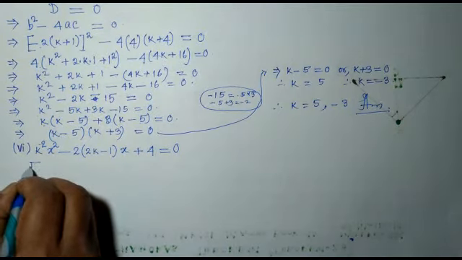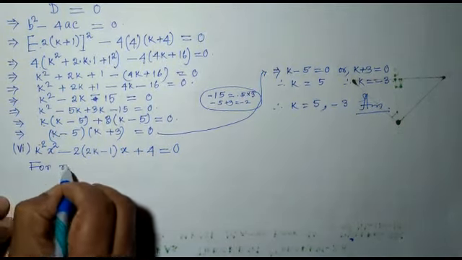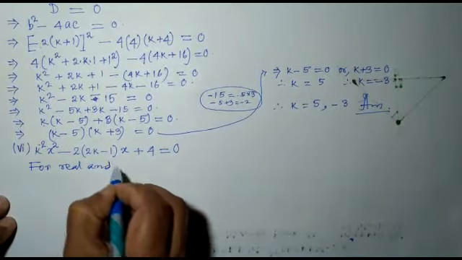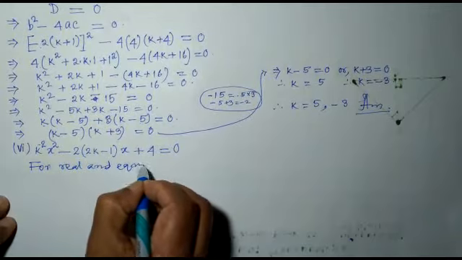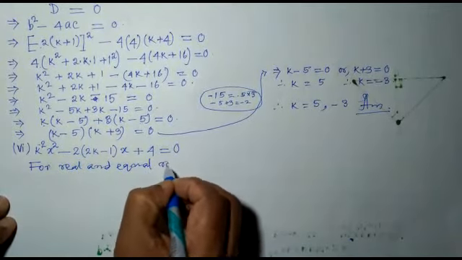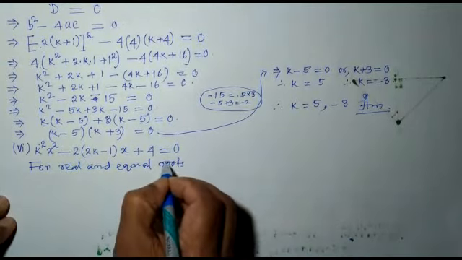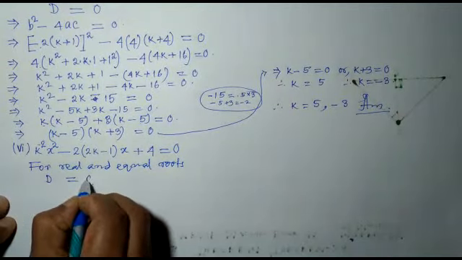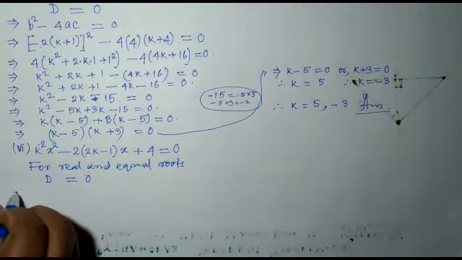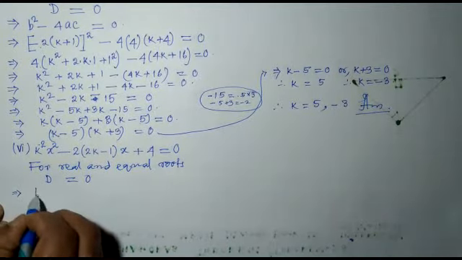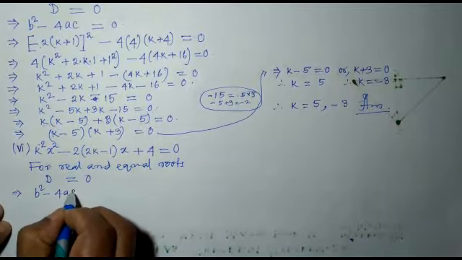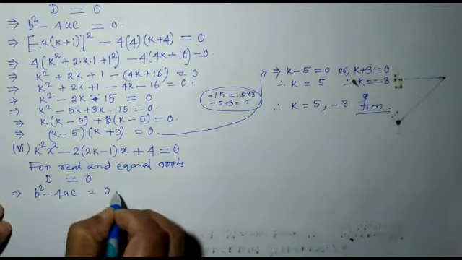We can write for real and equal roots, what is the condition? We have to write it. Condition is D is equal to 0. And then what is the formula for D? B square minus 4ac is equal to 0.